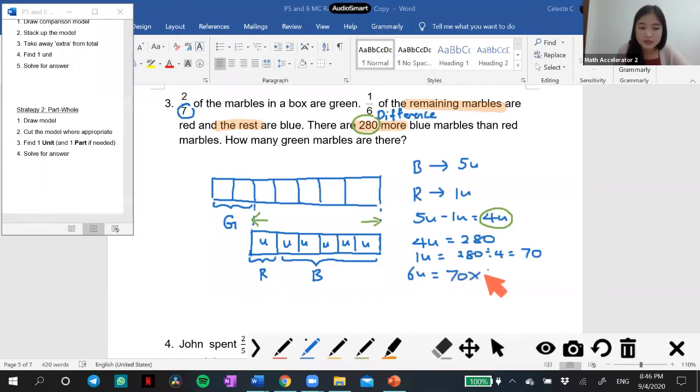70 times 6. Okay, good. What do I have? 70 times 6. 420. Alright, good. So this is 420. Right, but every unit here is different from every part in the first layer. Right, first and second is different. Right, so instead of using units, I'll use parts here.